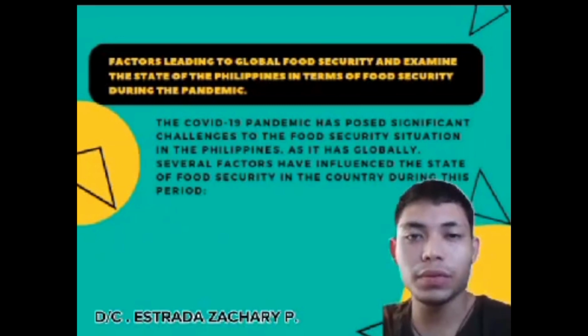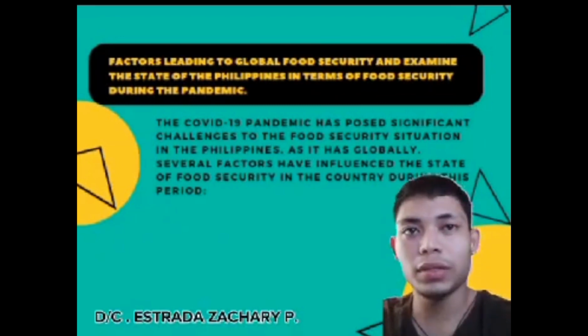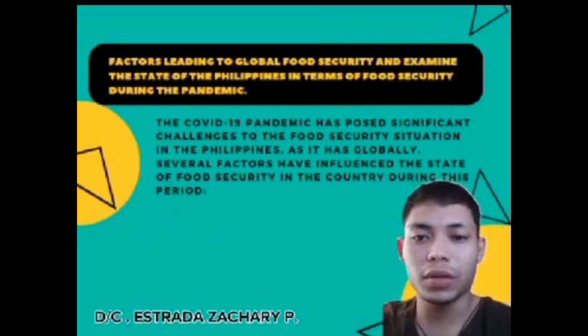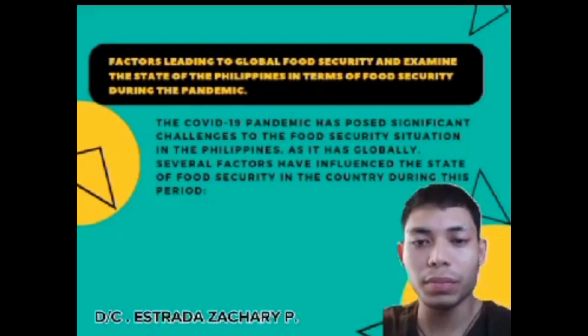Factors leading to global food security, and examine the state of the Philippines in terms of food security during the pandemic. So the first, the COVID-19 pandemic has posed a significant challenge to the food security situation in the Philippines. As it is globally, several factors have influenced the state of food security in the country during this period.